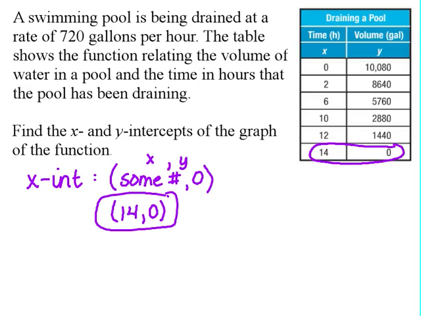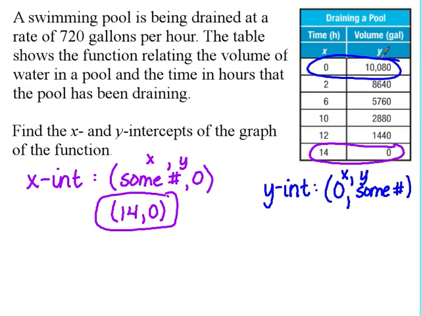Now if you remember, your y-intercept was at the coordinate 0, some number. So in this case, I'm looking where x is 0. So in the graph, where is x 0? Right.